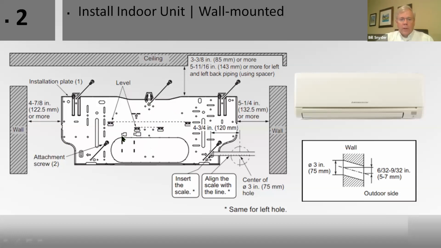These little marks here look better on the plate than they do on this diagram, but these indicate a flare nut. When the line set is in the back of this unit, it comes out this corner and it's laying back across the back of this unit. Now, typically you bend them out and right through this side, shove them through the wall. But you don't have to. You can come out this side over here as well.